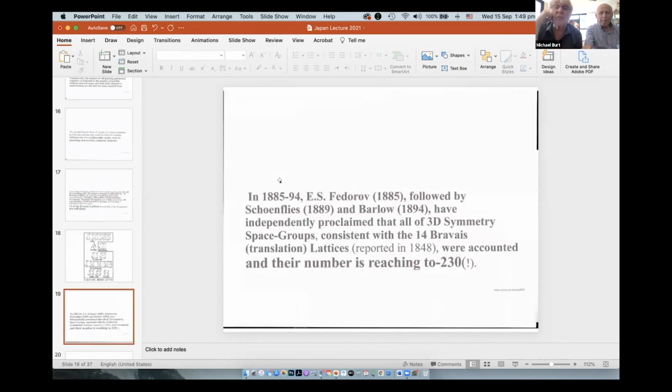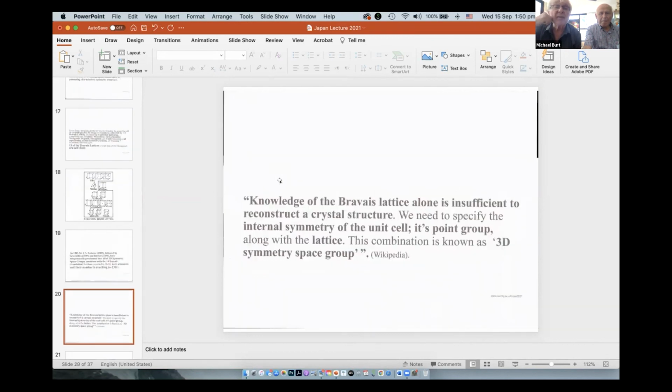And here I come to Fyodorov. In 1885 to 94, Yevgraf Stepanovich Fyodorov, followed by Schoenflies and Barlow, independently proclaimed that all of the 3D symmetry space groups consistent with the 14 Bravais translation lattices reported in 1848 were accounted, and their number reaches 230.